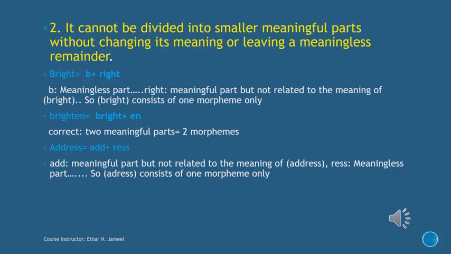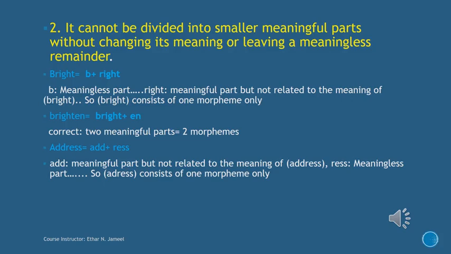The second criterion according to which a morpheme can be identified is that a morpheme cannot be divided into smaller meaningful parts without changing its meaning or leaving a meaningless part. Simply speaking, a morpheme cannot be divided into two parts.